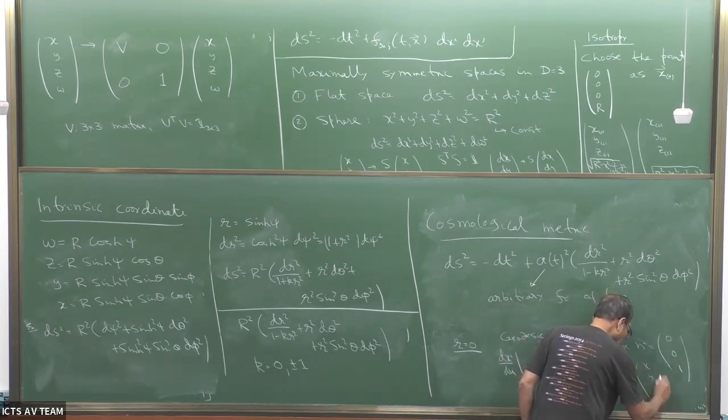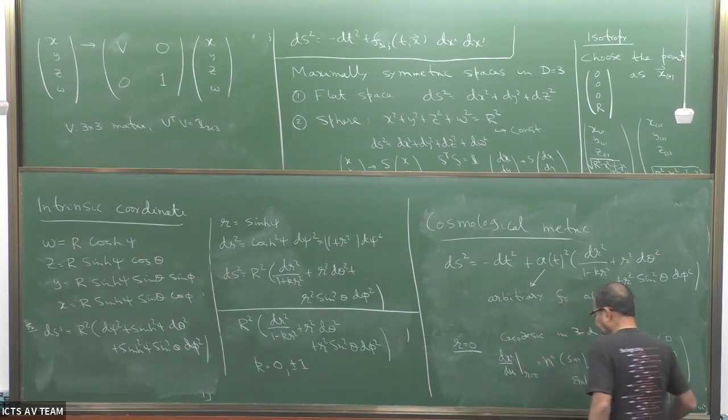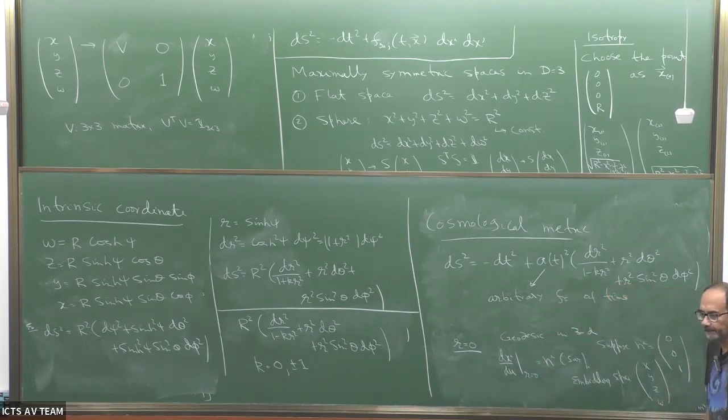W is not independent anywhere. W is just given in terms of X, Y, Z. So if we start with this, what do you think? How will the point move in the embedding space? Use your intuition.